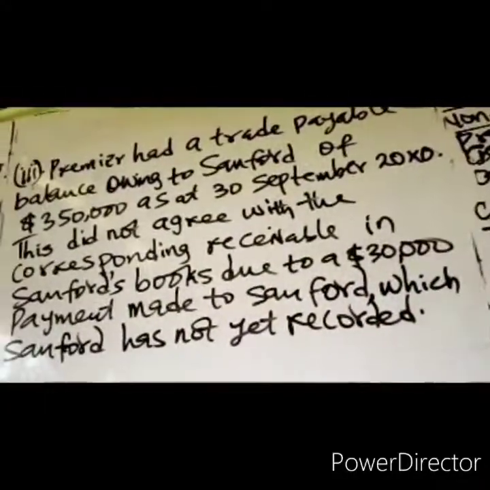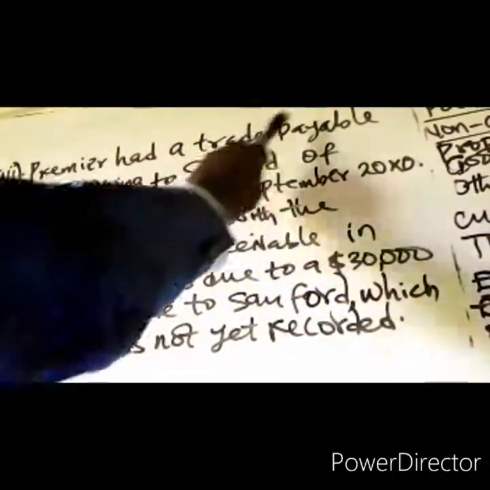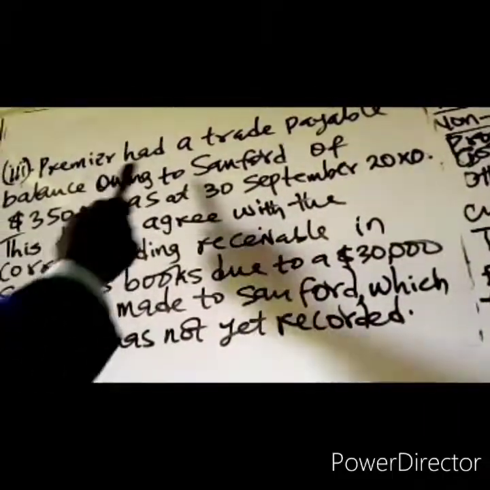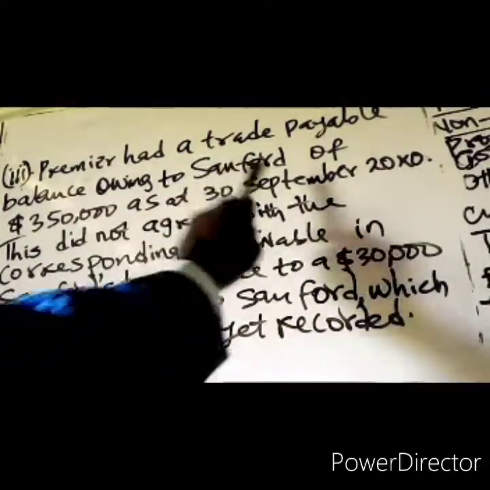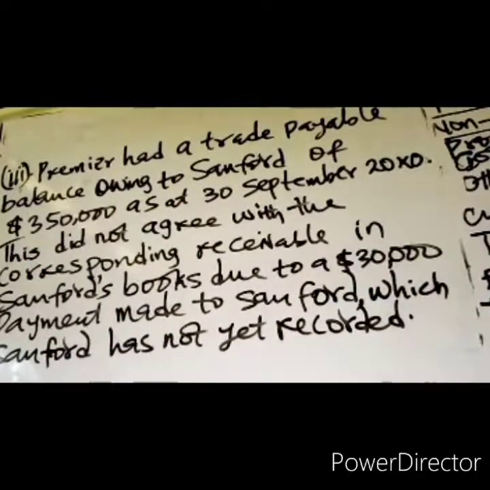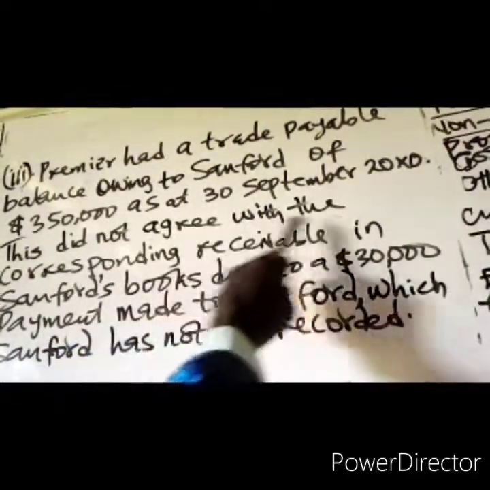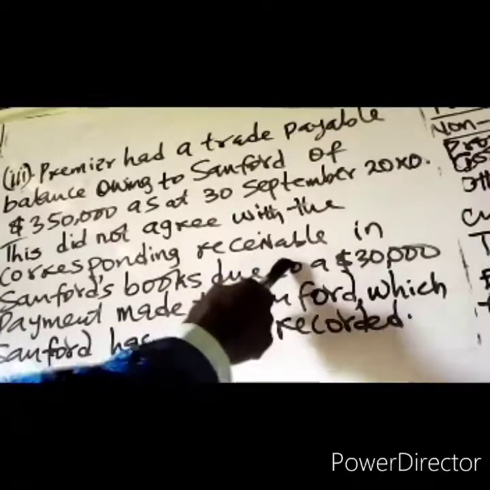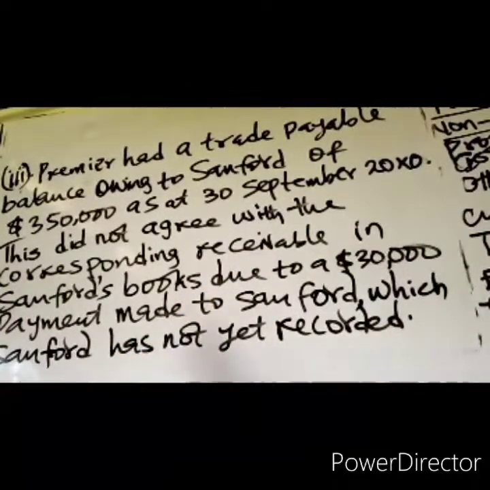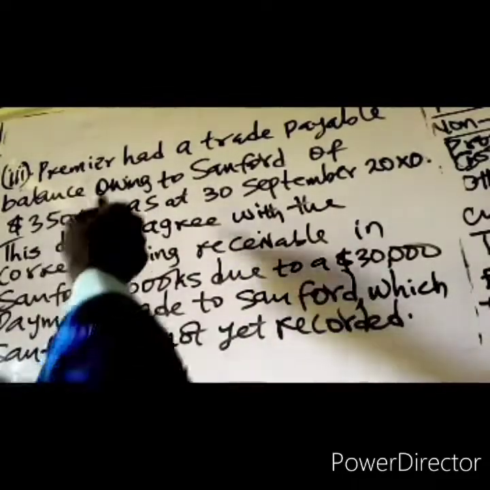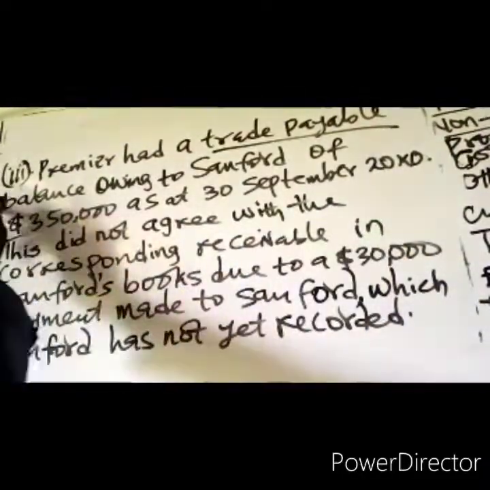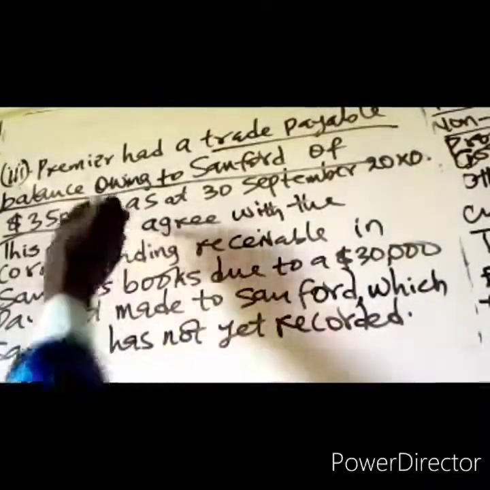Then in note 3, you were told that Premier had a trade payable balance owing to Sanford of $350,000 as at 30 September 2020. This did not agree with the corresponding receivable in Sanford's book due to a $30,000 payment made to Sanford, which Sanford has not yet recorded.